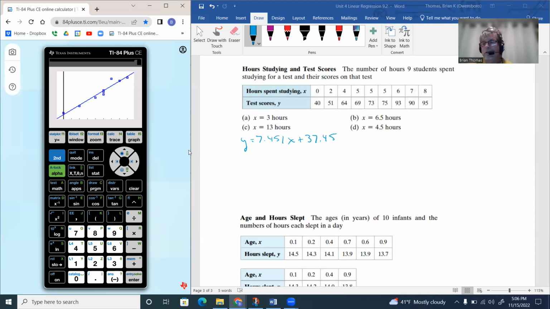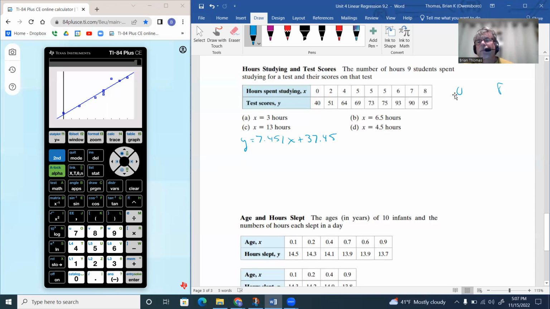The next thing we want to do is make predictions. If a student studies 3 hours, what would the test score be? Now, the catch is, is x a meaningful value? The smallest value was 0 and the largest value was 8. A meaningful value is going to be between 0 and 8, and maybe even a 9, but not much more past that.